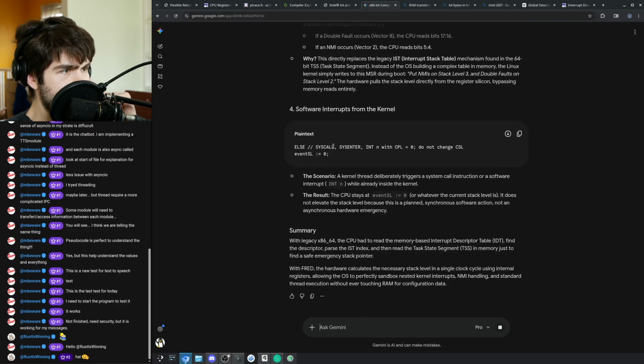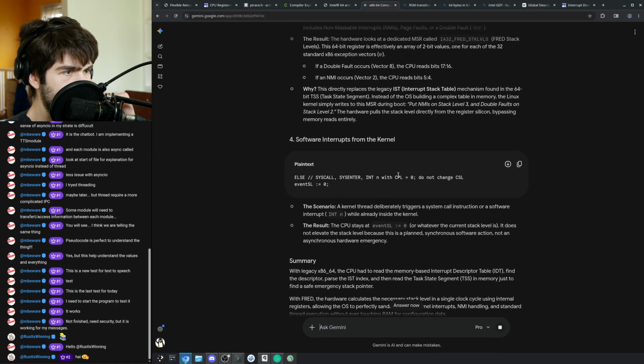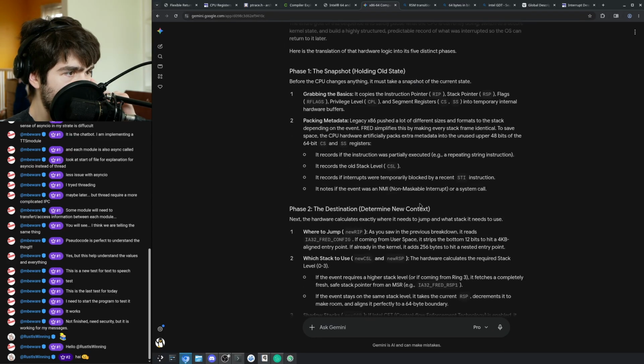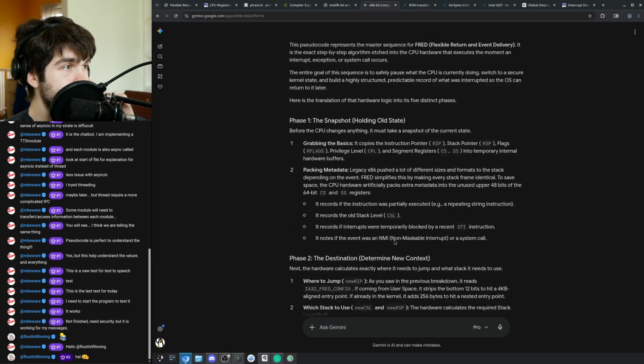Okay, else syscall, sysenter, int with CPL equals 0 does not change CSL. Okay, a kernel thread deliberately triggers a system call instruction or software interrupt while already inside of the kernel. So we don't change the stack level. It does not change the stack level because this is a planned synchronous action, not an asynchronous hardware emergency. Okay, cool. That's garbage when it's written like that.